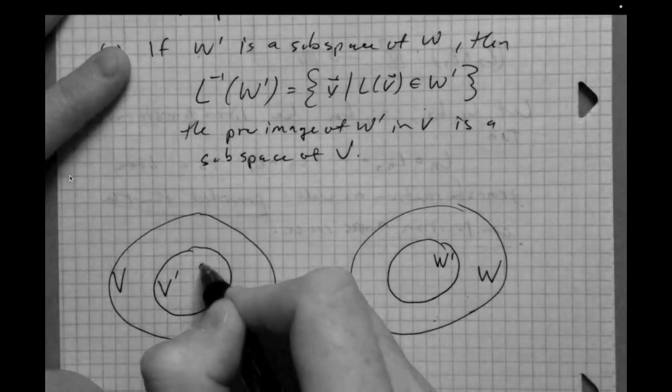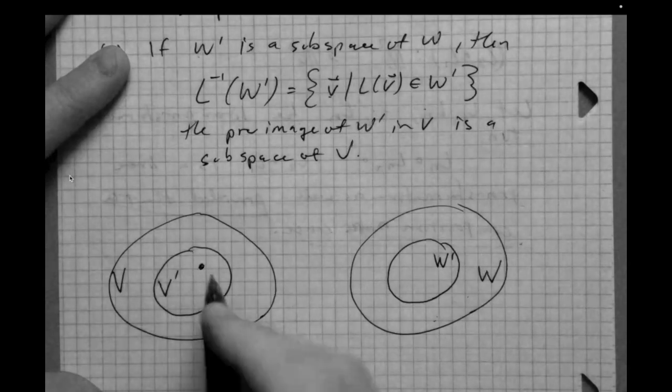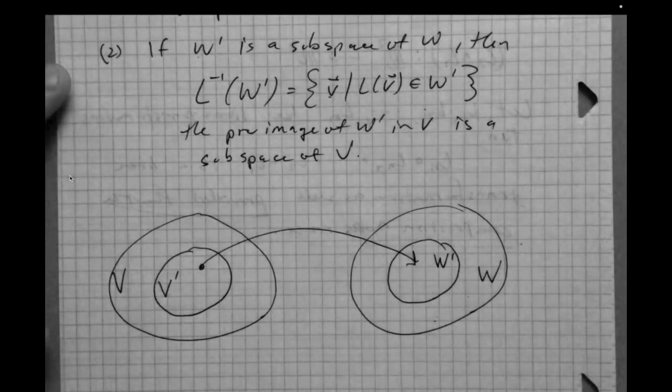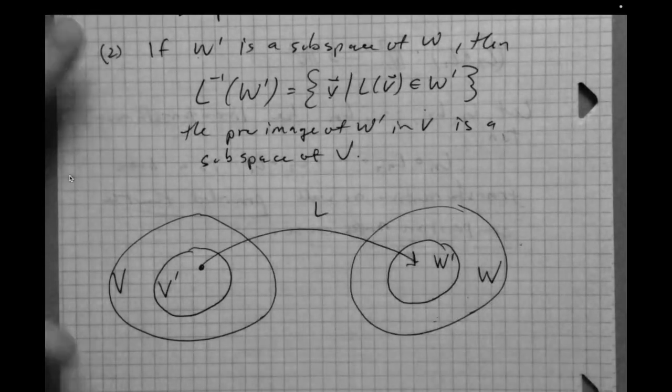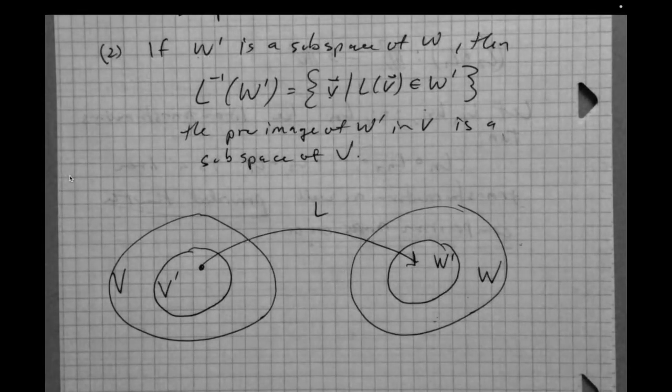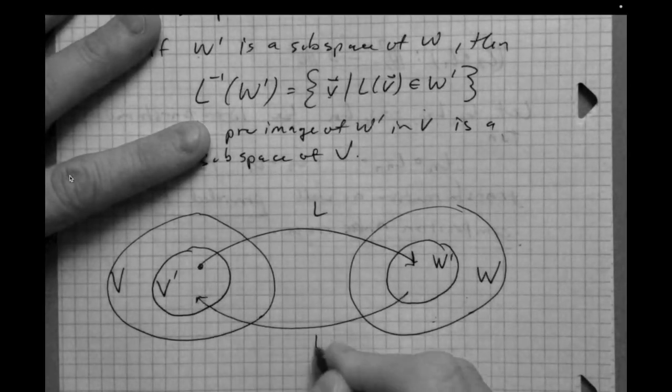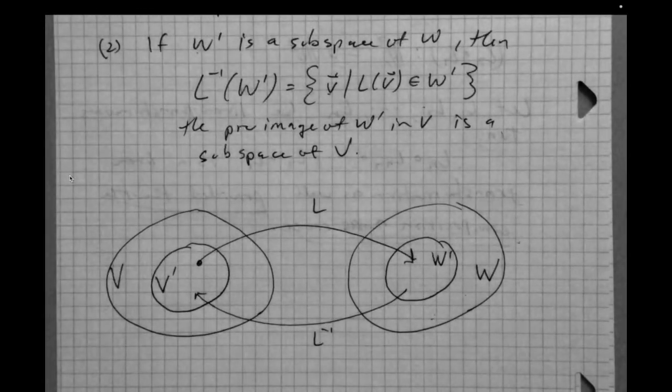Now, L applied to V prime gets me W prime. And of course, the reverse is true as well. L inverse of W prime maps everything back to V prime.